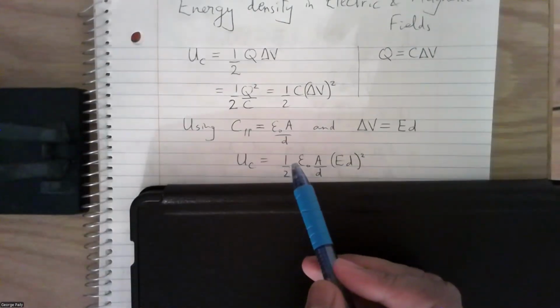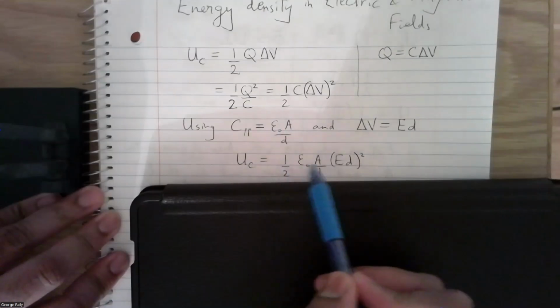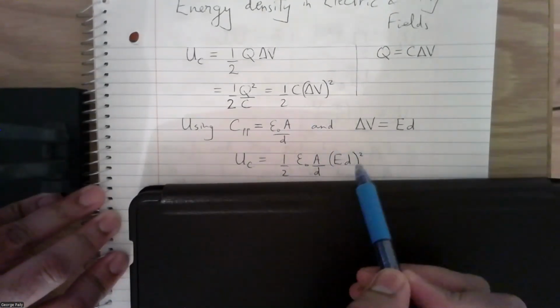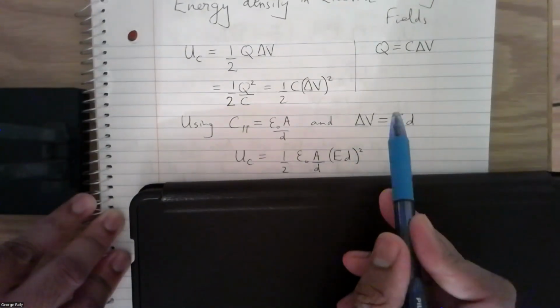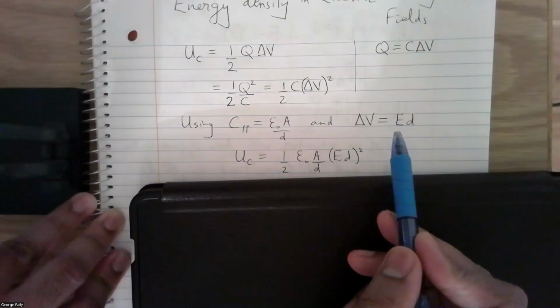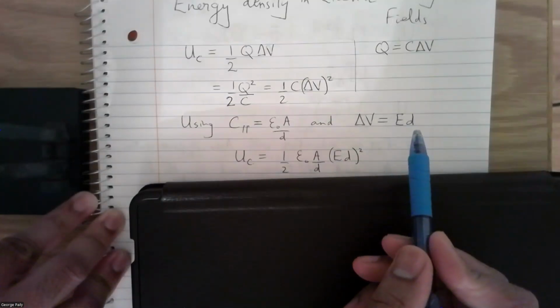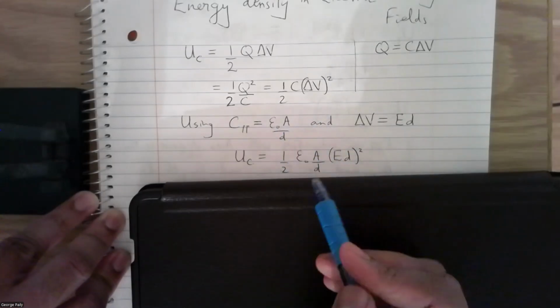So I've replaced the C with epsilon naught A over D, and I've replaced the ΔV squared with (ED) squared. This is just the magnitude of ΔV, so I have the magnitude of the uniform field E and the distance D between the plates. A is the area of one of the plates.